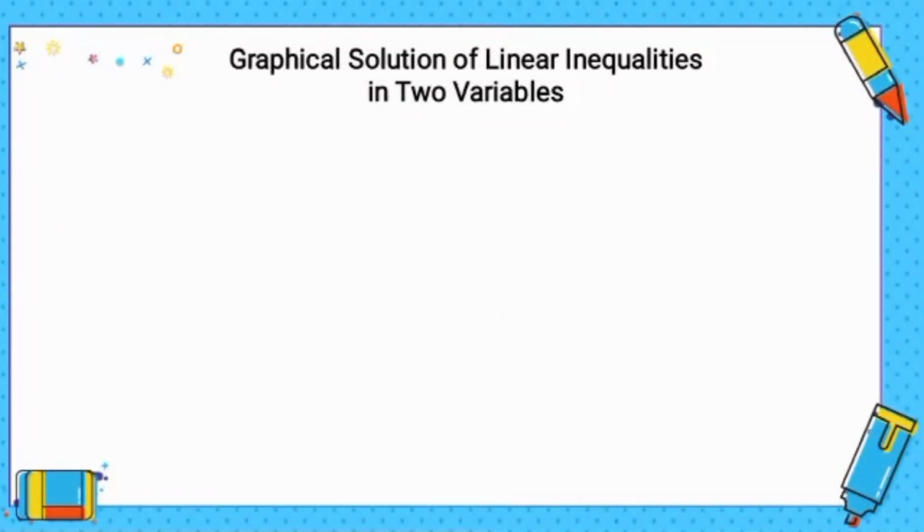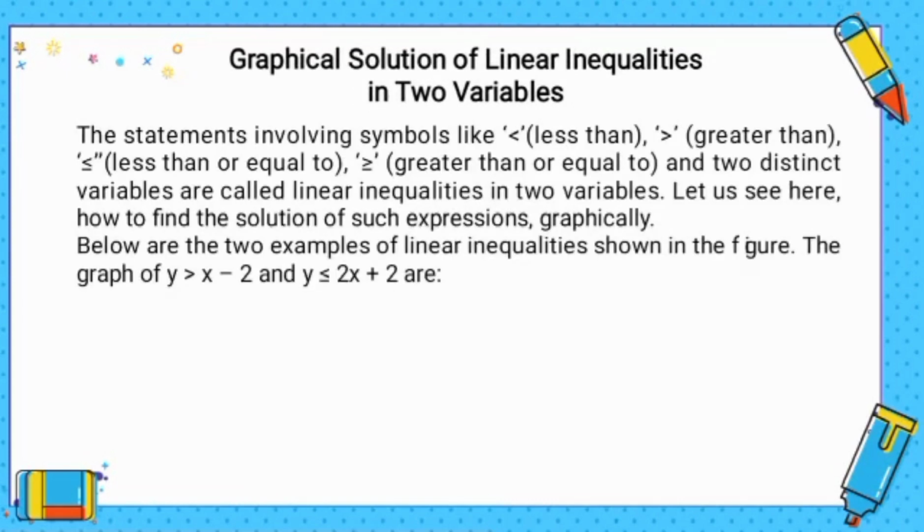Now, we will discuss the graph of linear inequalities in two variables. Statements involving symbols like less than, greater than, less than or equal to, greater than or equal to, and two distinct variables are called linear inequalities in two variables. Let us see here how to find the solution of such expressions graphically.